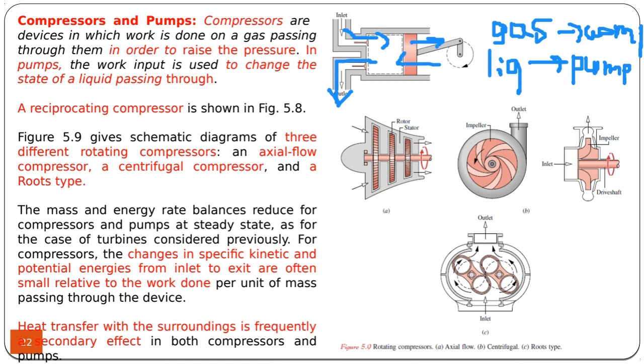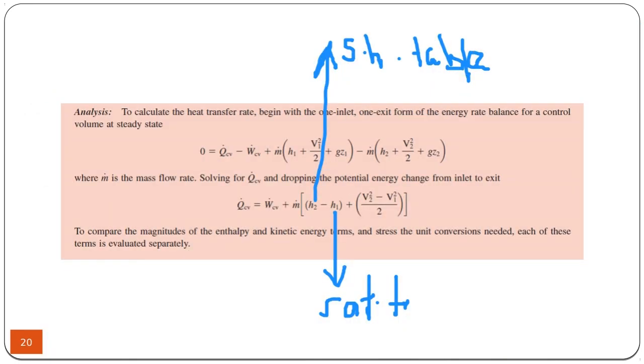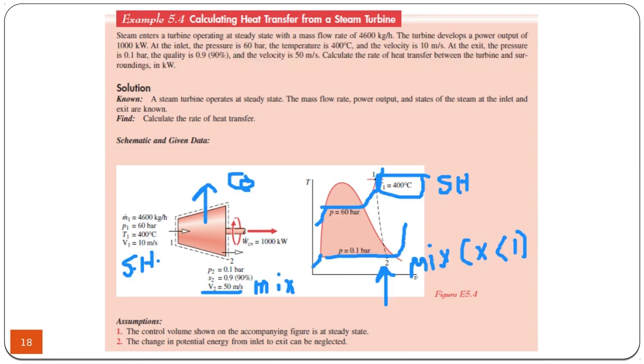Another type of compressor is a rotating compressor, such as this one. It looks like a turbine, but is the inverse of a turbine, because as you can see here, the volume is decreasing, and the shaft of the compressor is delivered work, whereas in the turbine, the shaft delivers work. So we have to put work in the shaft of a compressor, whereas in the case of a turbine, the turbine delivers work.